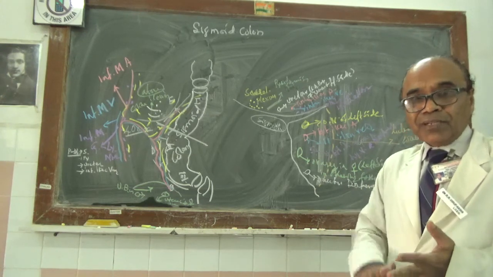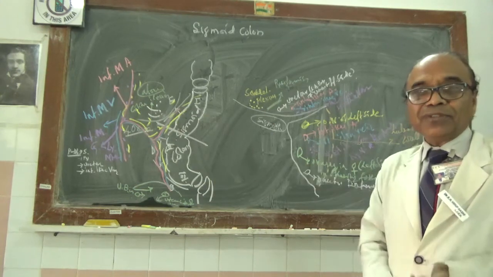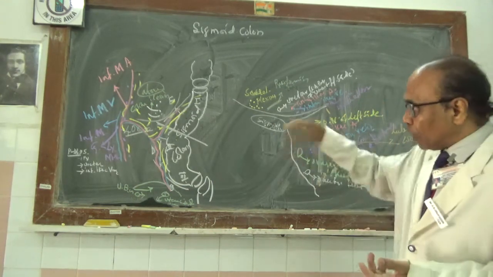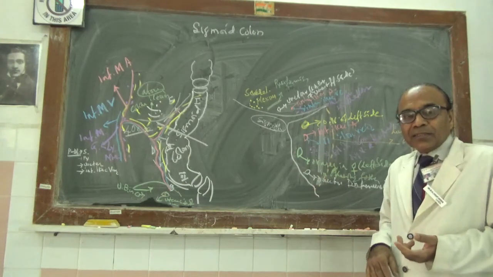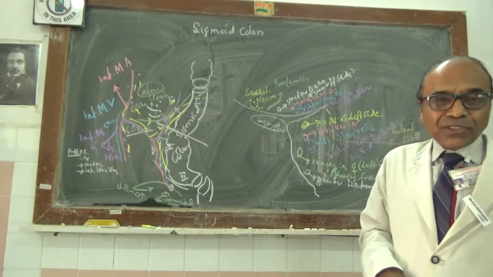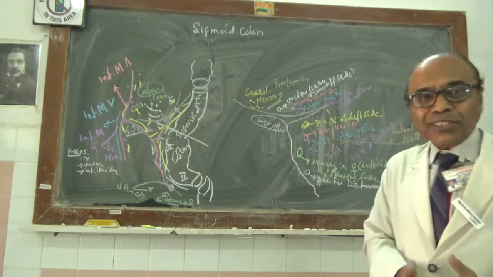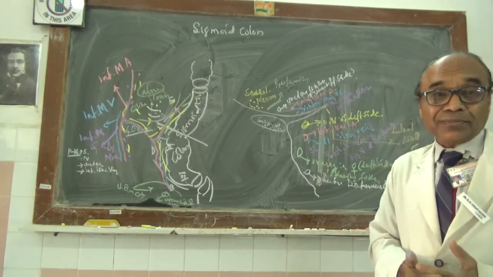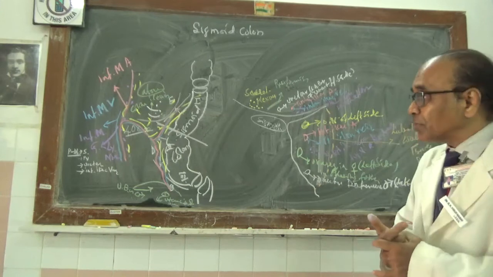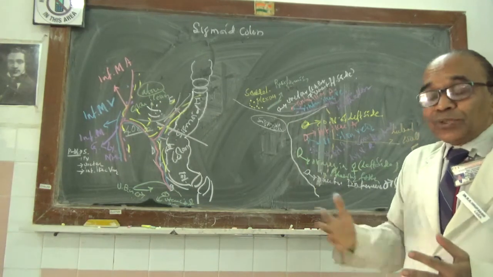Appendix, cecum, ascending colon, right colic flexure and the right part of the transverse colon are supplied by the superior mesenteric artery, while the left part of the transverse colon, left colic flexure or splenic, and the descending and sigmoid are supplied by the inferior mesenteric artery. Then you have other things, lymphatic and venous drainage.